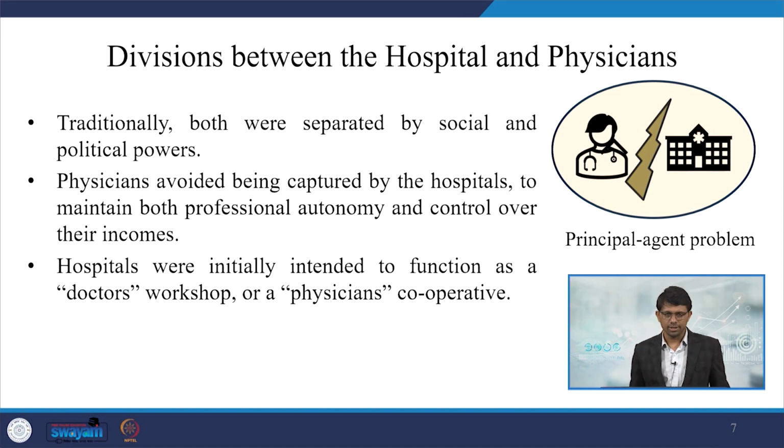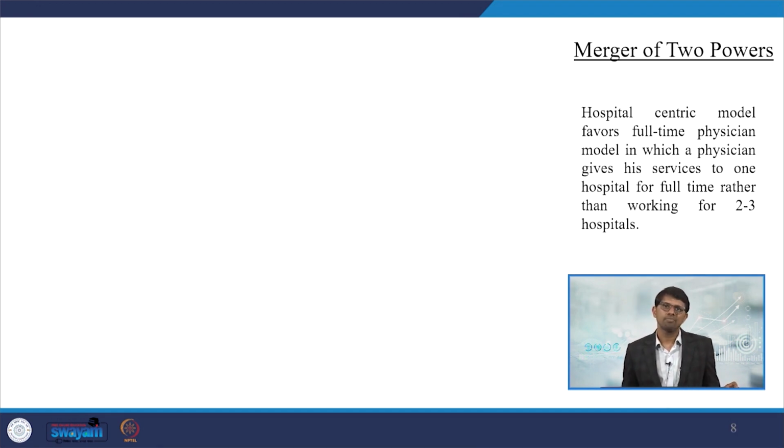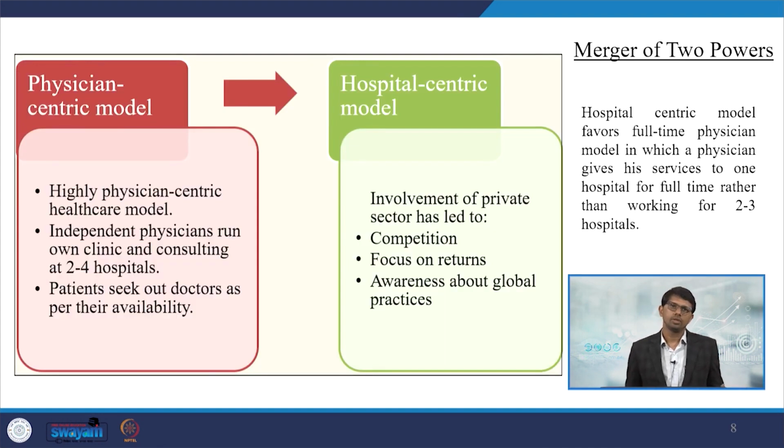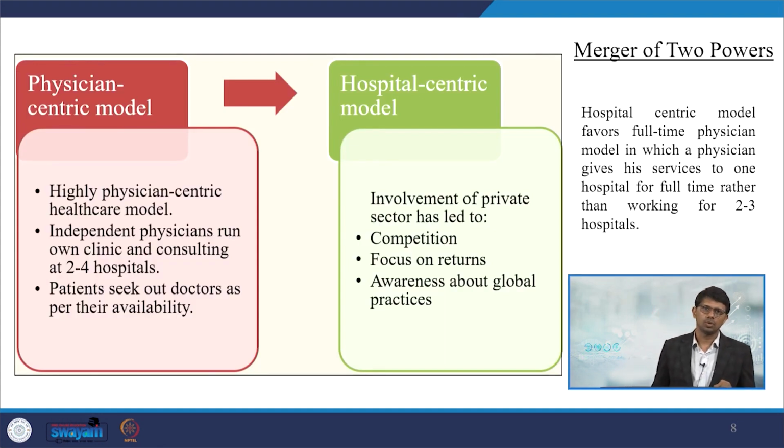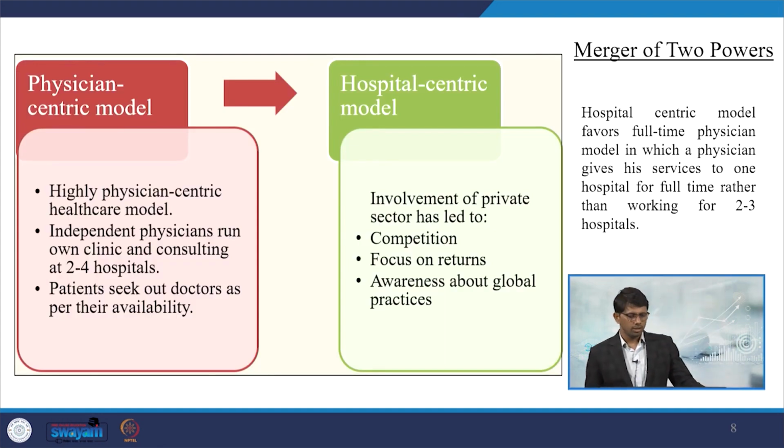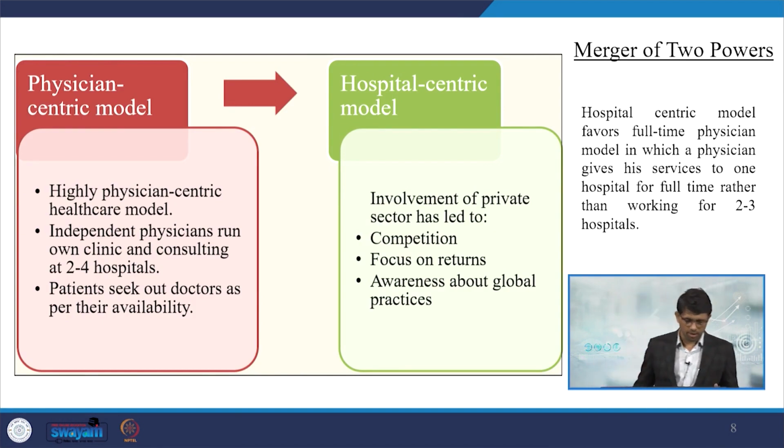Hospitals were initially intended to function as a doctor's workshop or a physician cooperative. Even this is largely identified through the problem of principal agent, where these conflicts arise, and the move from a physician centric model to a hospital centric model is important to discuss as well.